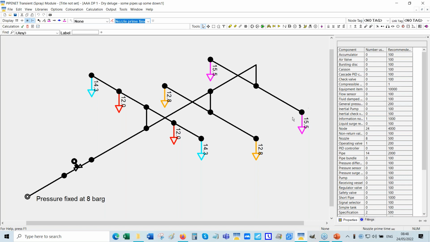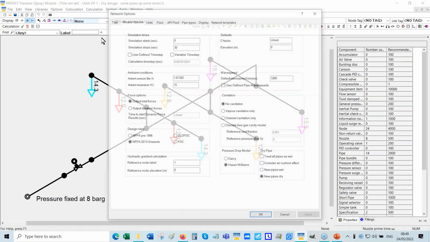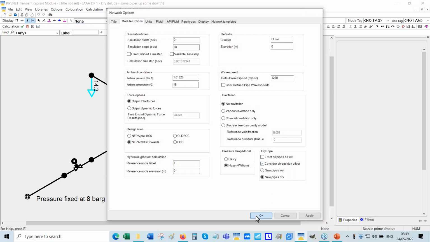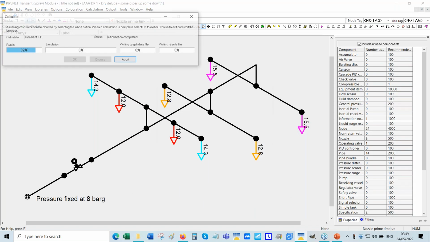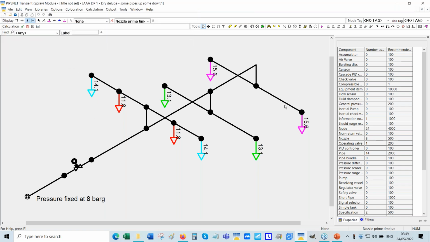Previously I think it was 15.6, it's now 15.5. Why? Because the static head assists the flow through these nozzles or through the pipes, and hence that's slightly earlier. Now if we switch to dry pipe 2, it's around approximately the same.